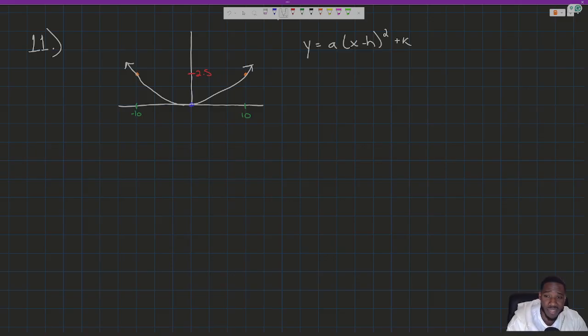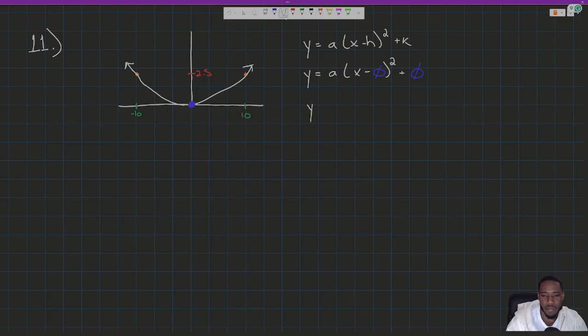Because the vertex form says h and k are the coordinate pair x and y for the vertex, and we see the vertex here is (0, 0). Right? So we do that. y equals a times (x minus 0) squared plus 0.